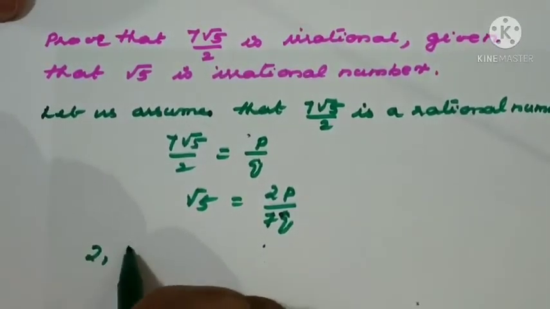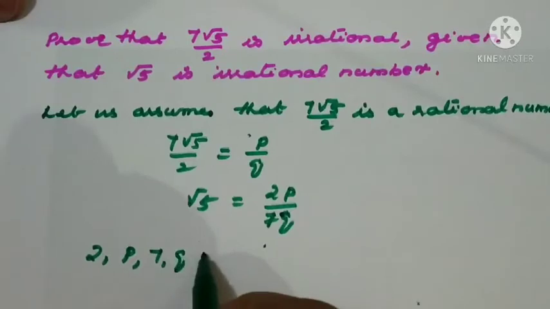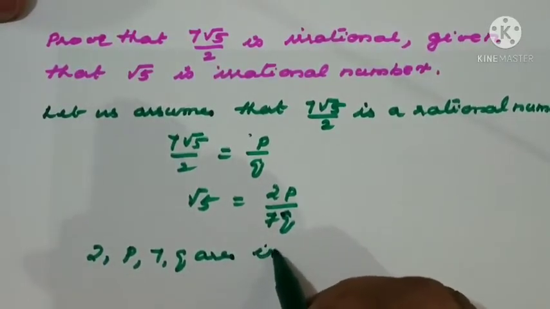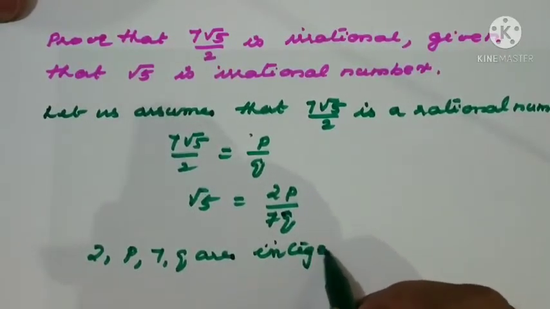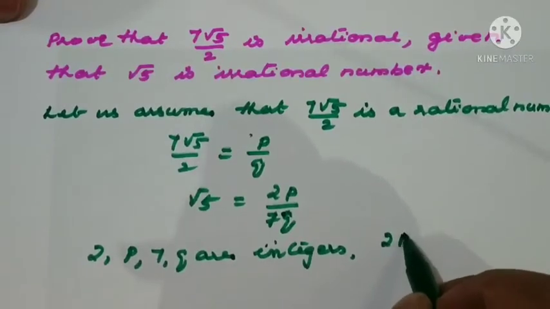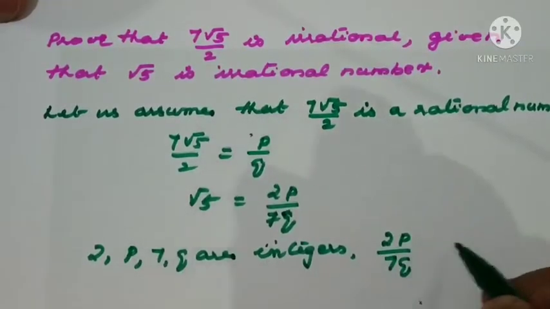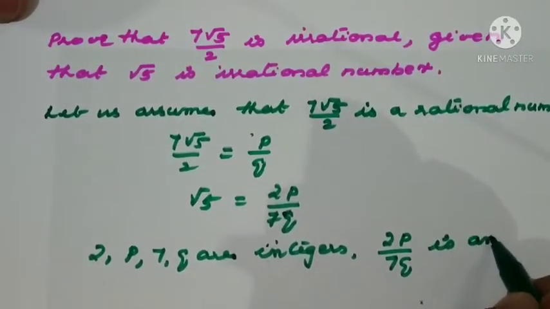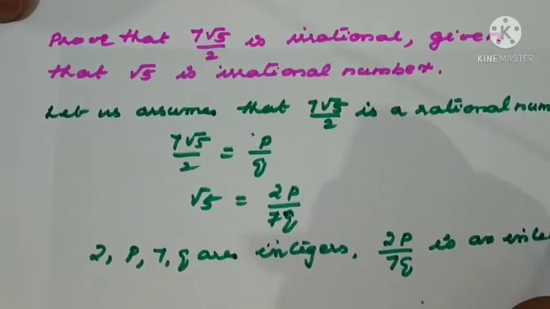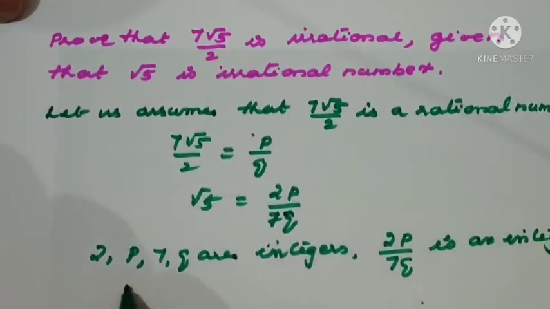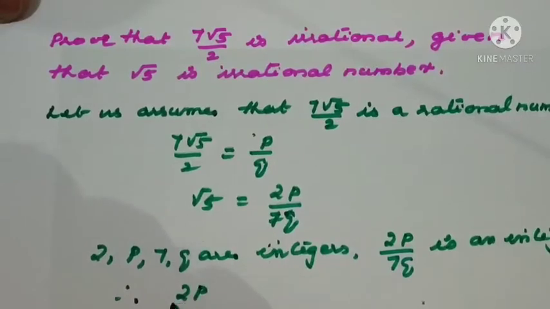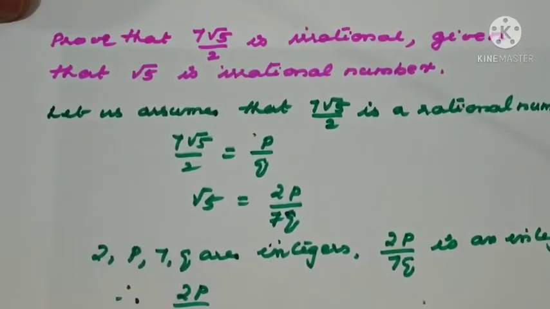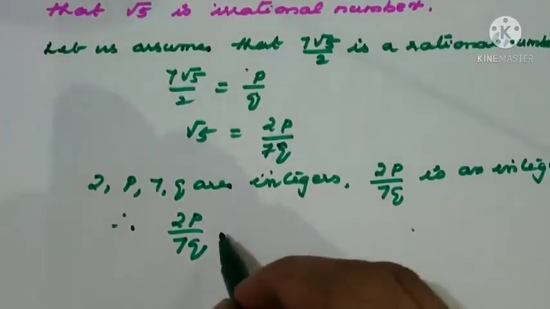Now 2p and 7q are integers. 2p by 7q is an integer ratio, therefore 2p by 7q is a rational number.